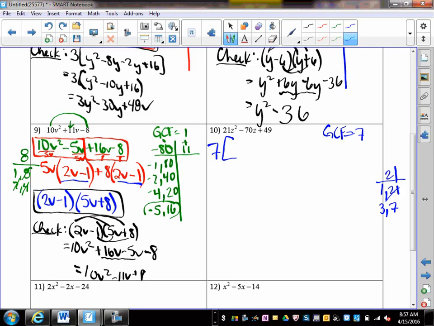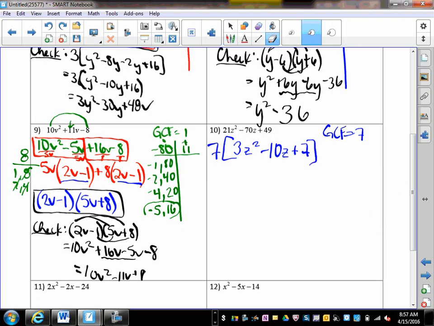When I factor it out, I get 3Z squared minus 10Z plus 7. Alright? Okay, let's do our table next. And Natalie, what goes in my table?